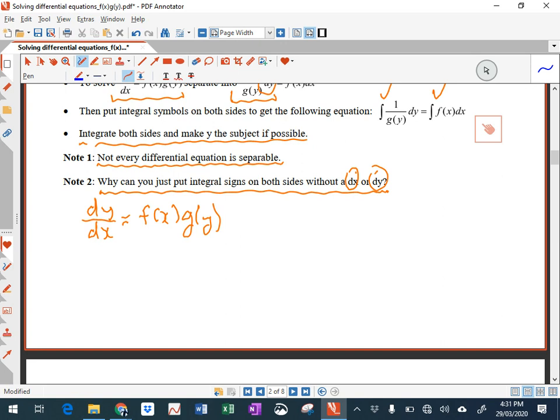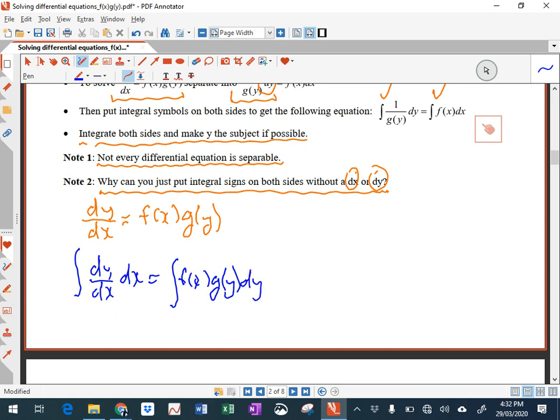So what I'll be doing then is saying, okay, the integral of dy/dx with respect to x equals the integral of f of x g of y dy.